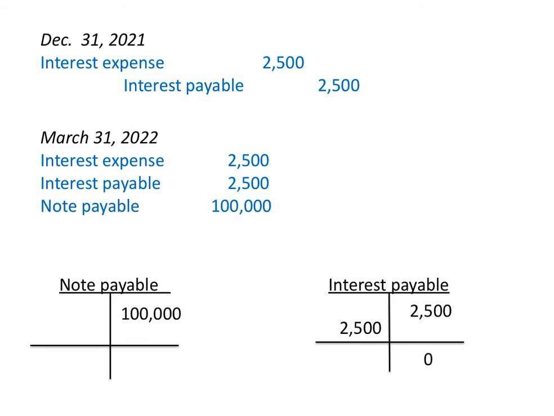We also debit the note payable, decreasing the note balance down to zero. And finally, they will credit cash $105,000, which represents repayment of the principal amount of $100,000 plus $5,000 of interest.